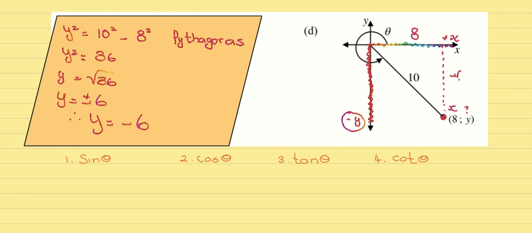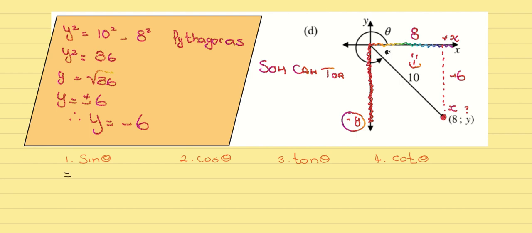So this is negative 6, and now at this point your triangle is completed, and now you can answer all the questions that they have. The first one is sine theta, and we go with our trusted acronym SOHCAHTOA. Let's write it over here. Sine goes with opposite over hypotenuse, so let's fill that in.